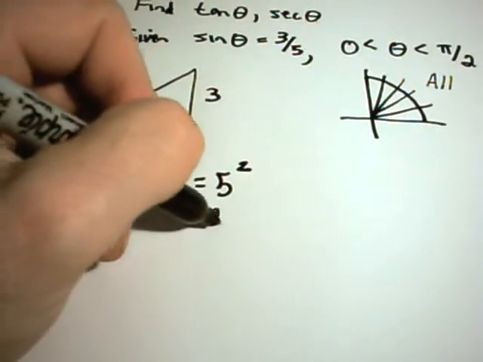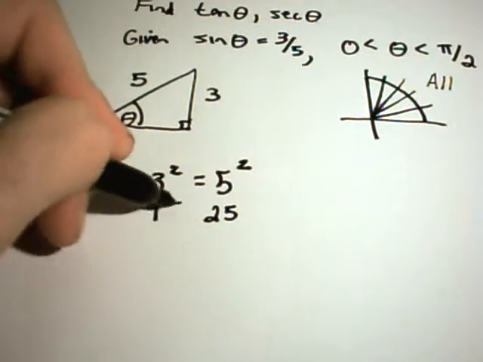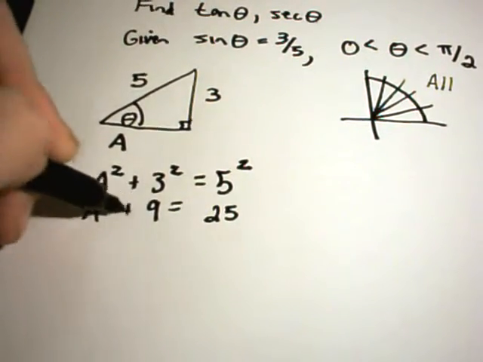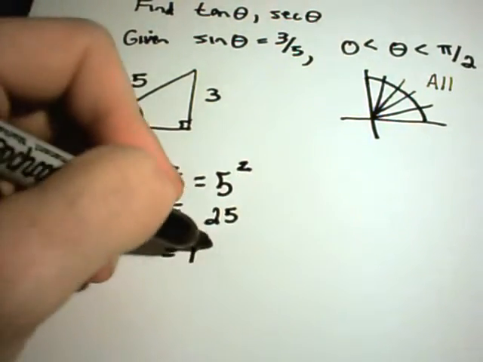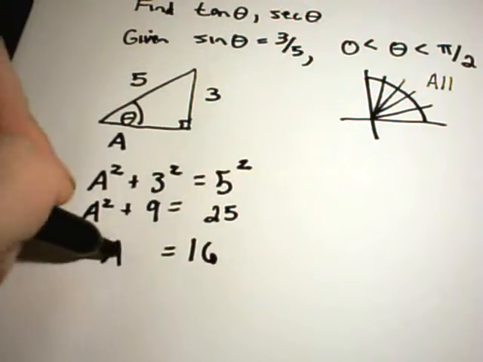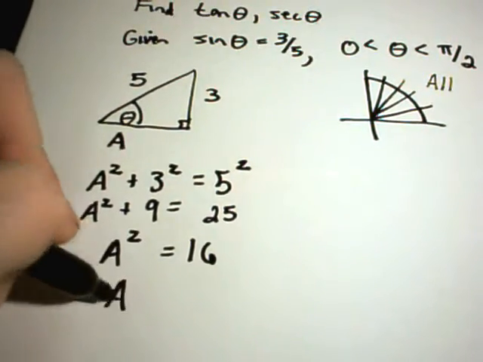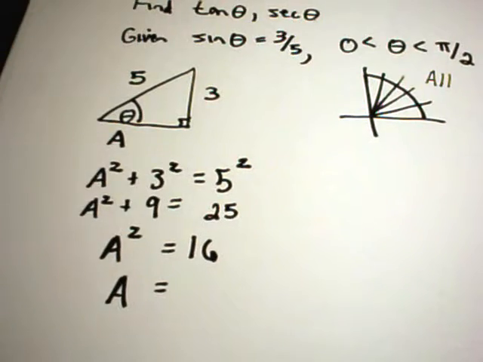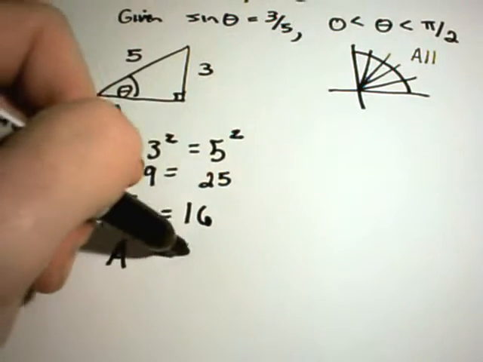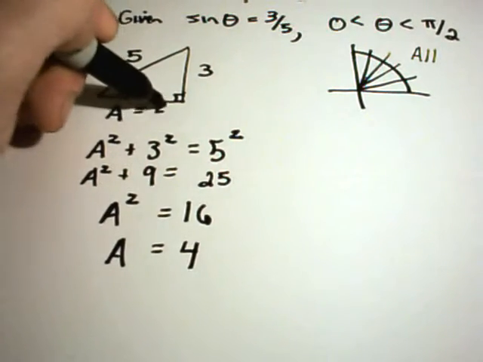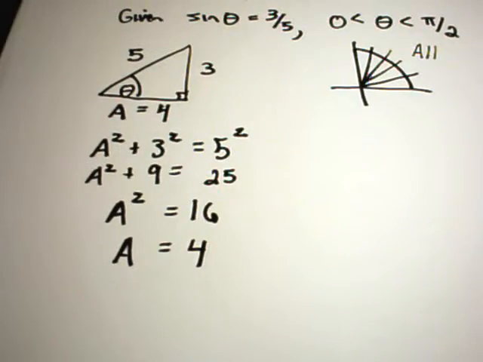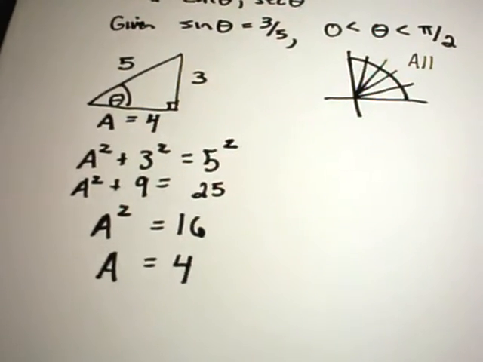So 5 squared is 25, 3 squared is 9. If we subtract 25 minus 9, we get 16. So a squared equals 16. If you take the square root, normally you get positive and negative, but obviously the length has to be positive. So the adjacent side is 4. So this is our familiar 3, 4, 5 triangle.